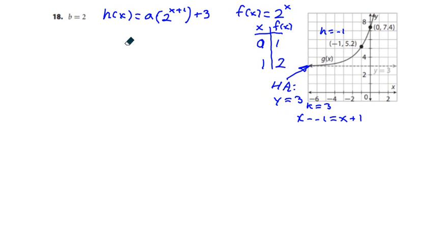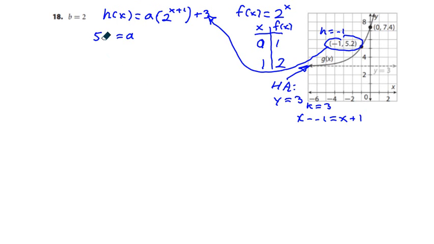Now we're going to use our first reference point here, which is -1 comma 5.2, and put it into this function. I'm going to write below, h of x is equal to a, and h of x is replaced by 5.2.